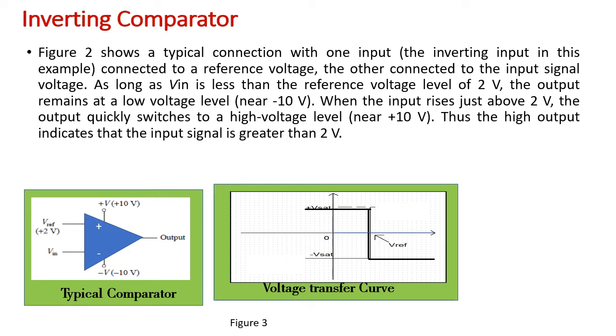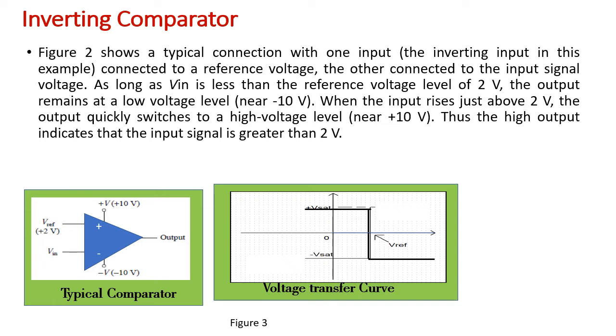As per this circuitry, the inverting comparator will give output corresponding to this VTC. You can see that it is just the flipped VTC compared to the non-inverting comparator case. If our input voltage is below Vreference, it will go to plus Vsat, and if my input voltage is above Vreference, it will go to minus Vsat.